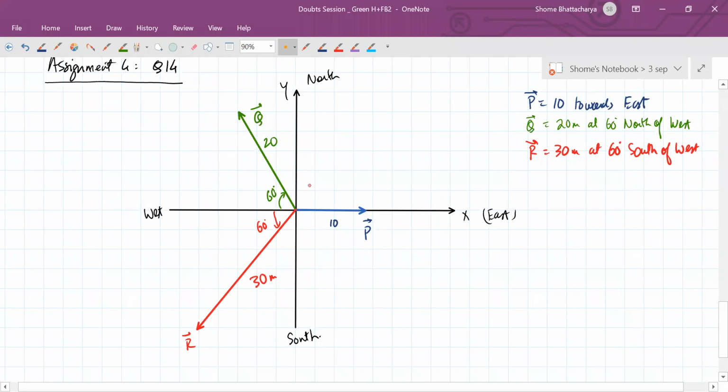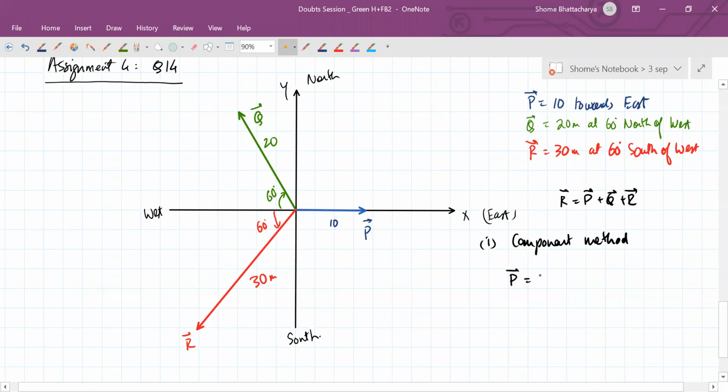So now we want to find their resultant sum. First of all we can use the component method. In the component method, just express the vectors in component form.